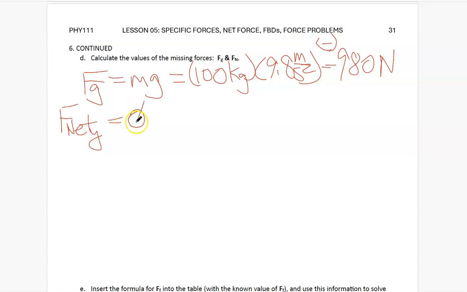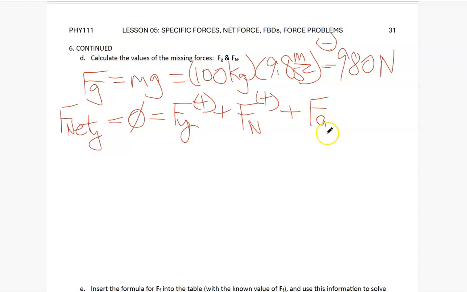Yes, it still adds up to zero, but now we have the vertical component of the tension force, which is in the positive direction, plus the normal force, which we're interested in calculating, plus the weight force, which we already know is in the negative direction.